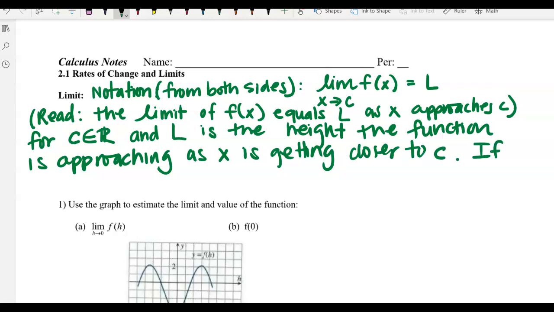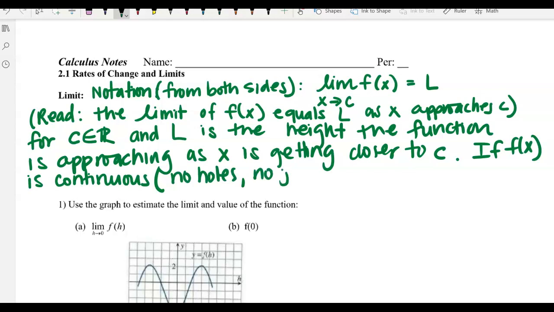If f of x is continuous, and a continuous function, guys, meaning that we should have no holes, no jumps, no asymptotes.